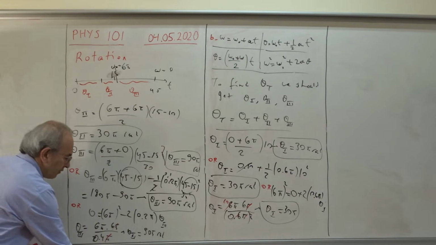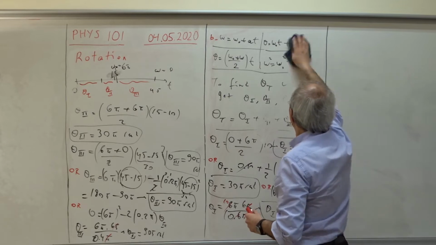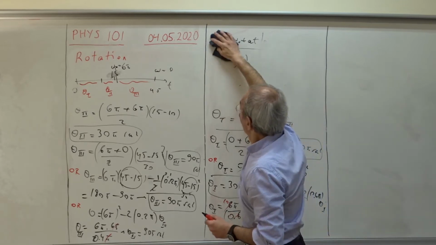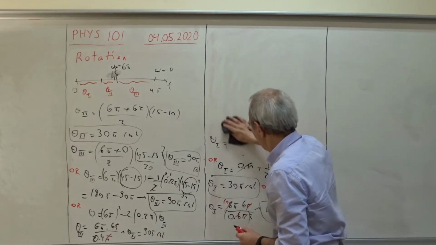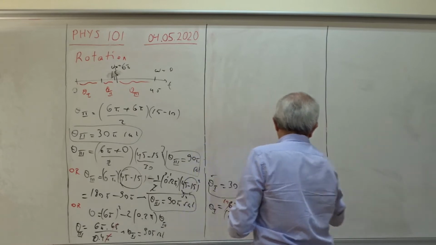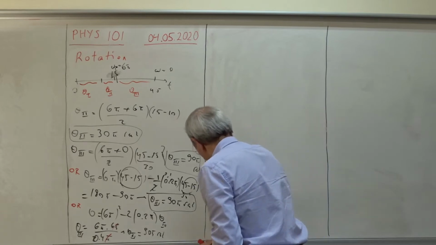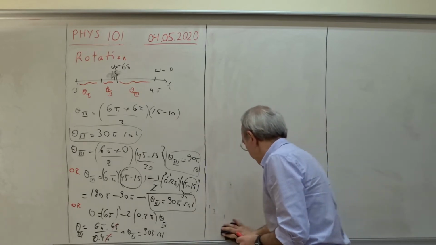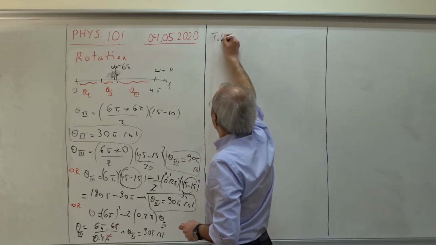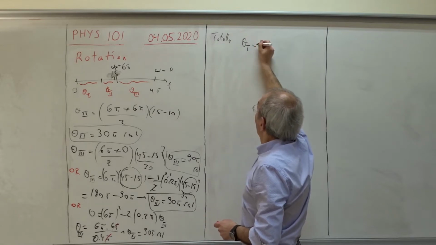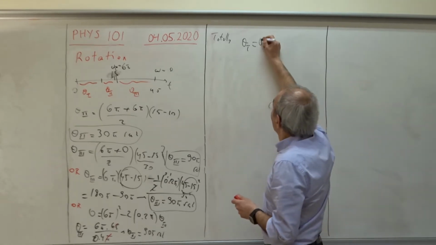Now totally we will find the total angle swept. Totally, theta t is, as we have said, theta 1 plus theta 2 plus theta 3.